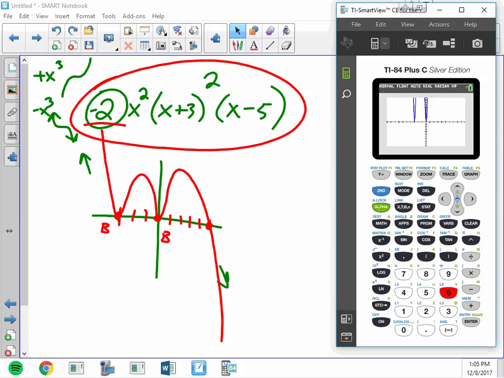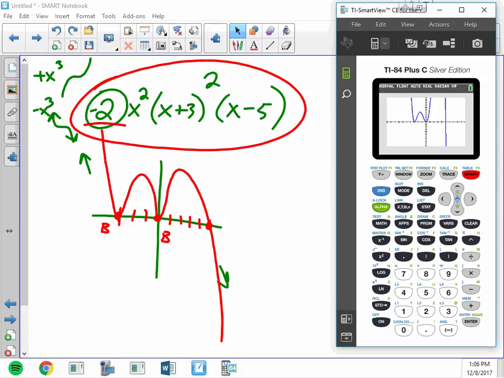Bounce, bounce, and then straight down. Okay, so if you wanted to see it, you could change it. Instead of 2, let's do something like 1/8. So this is 1/8 times everything, which is going to smash it down, and you should be able to see it a lot better. Bounce, bounce, and then straight down.